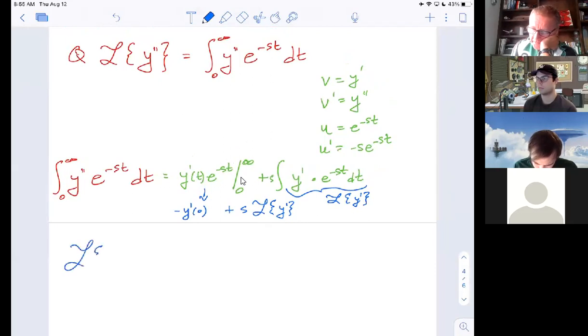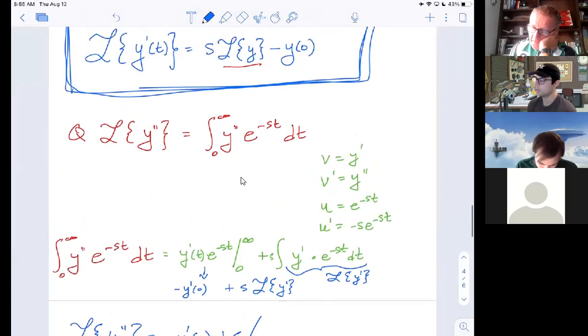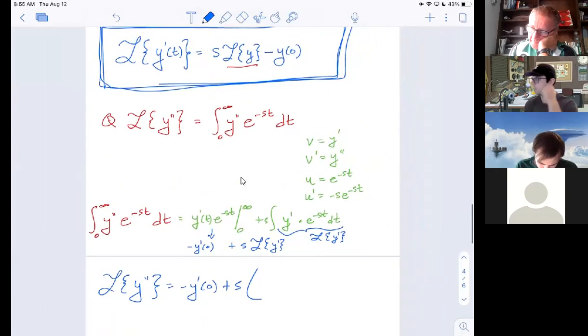So what's the Laplace transform of y double prime? It's equal to those last two blue statements. So negative y prime of 0 plus s times, well, we just figured out what that was a second ago. It's right up there. Laplace transform of y prime was s times the Laplace transform of y minus y of 0.